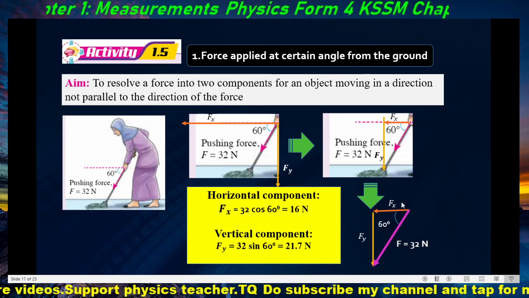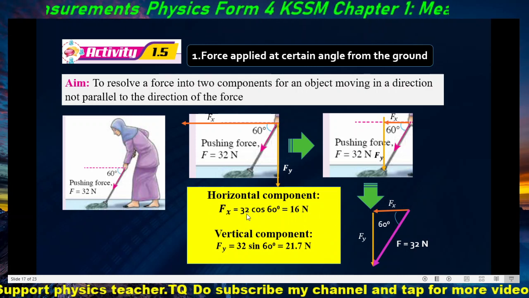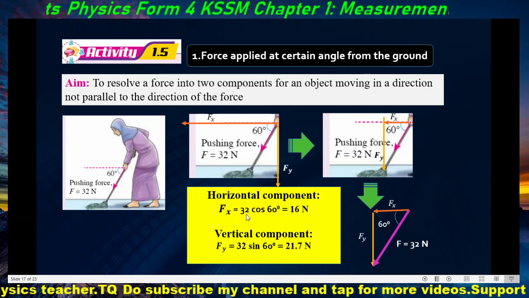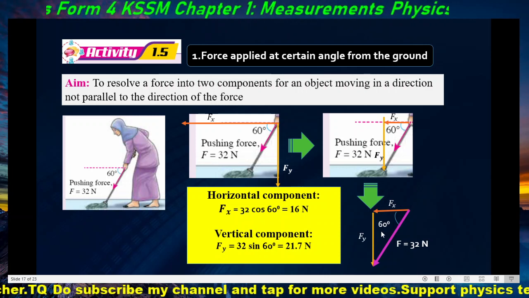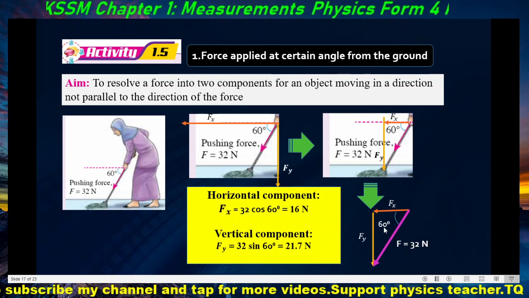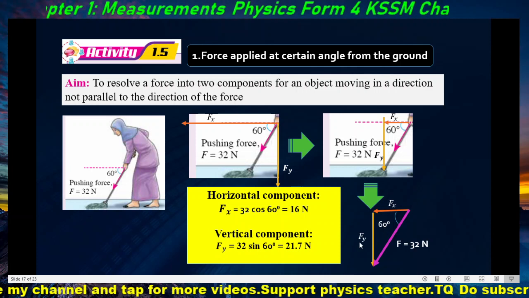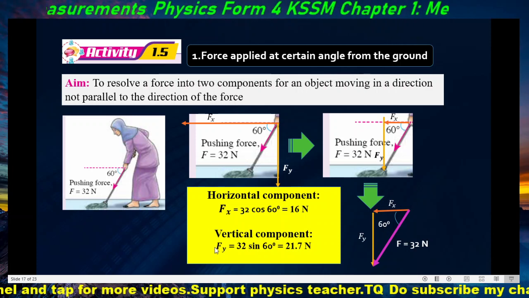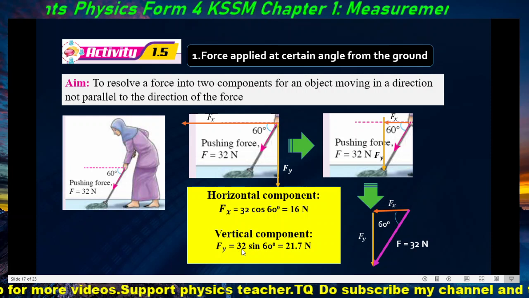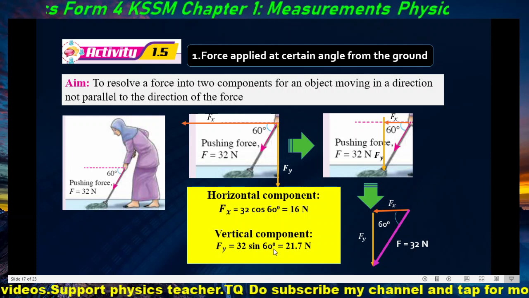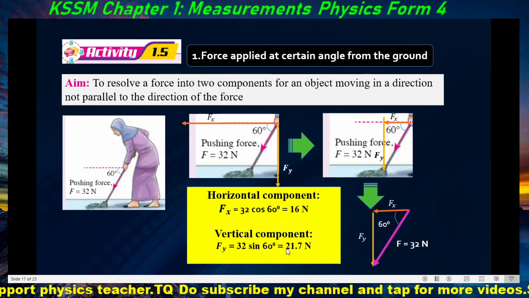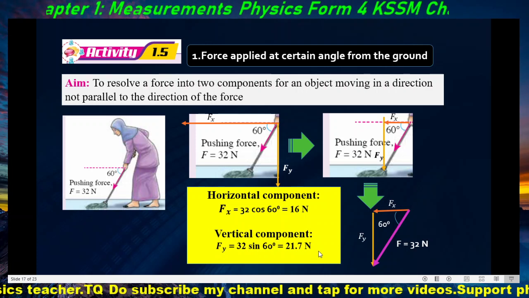Horizontal component Fx equals F cos theta, thus 32 cos 60. And then the vertical component Fy equals F sine theta, thus equals 21.7 Newton.